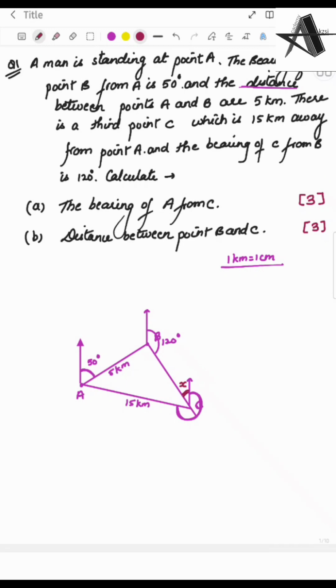If these two lines are parallel, then 120 and X are forming the interior angles, and the sum of interior angles is always 180 degrees.